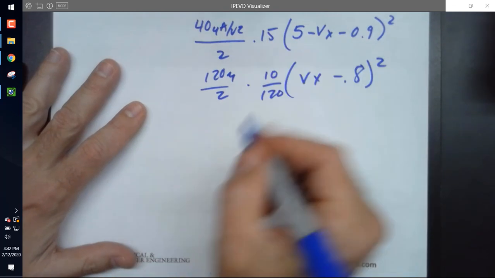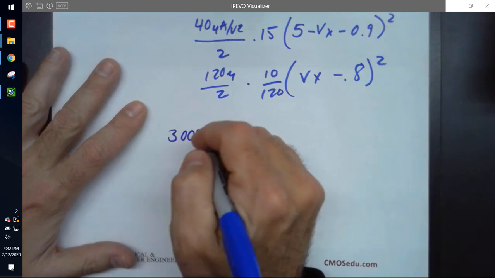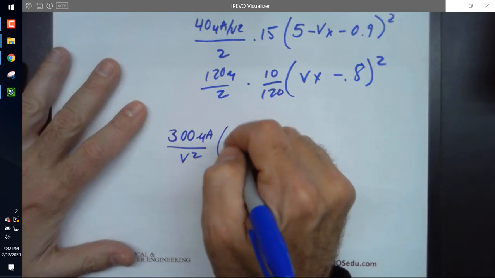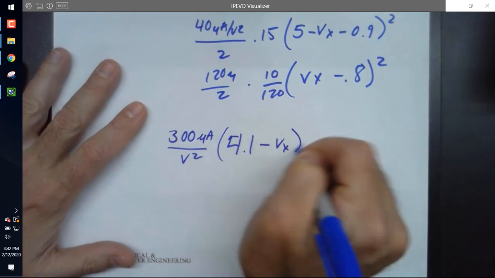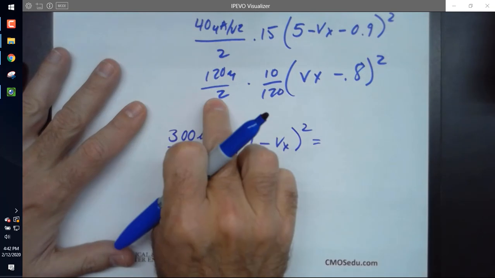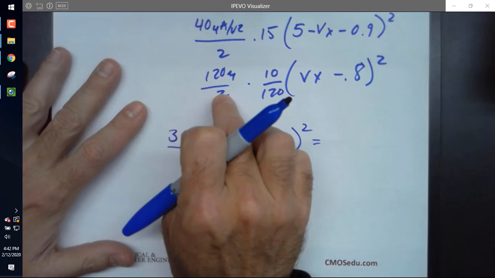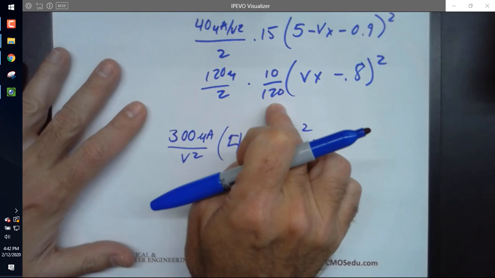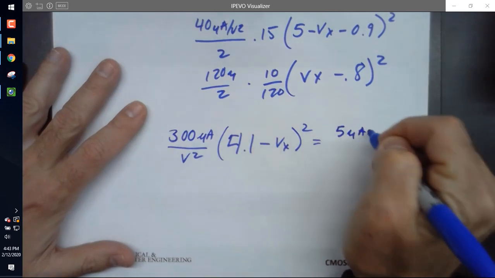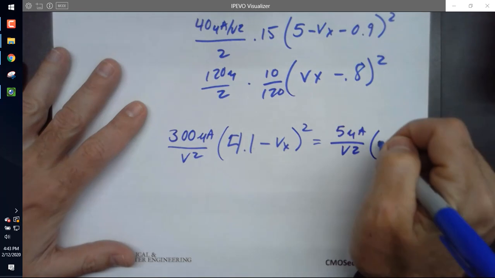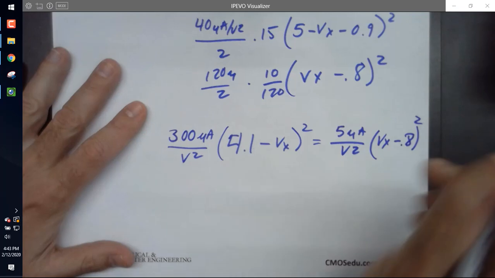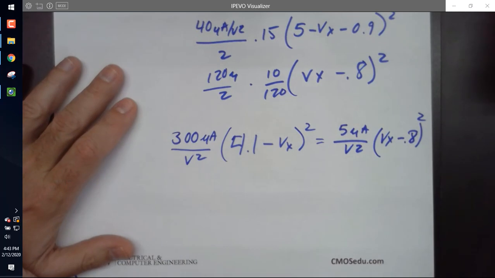So I got 300 microamps per volt squared times 4.1 minus Vx squared equals, and then this is what? 60 times 10 is 600 divided by 120. 5 microamps per volt squared times Vx minus 0.8 squared. Looking good? What can I do now?